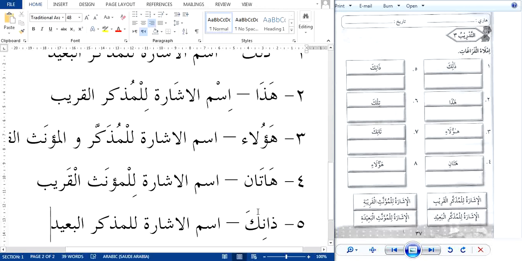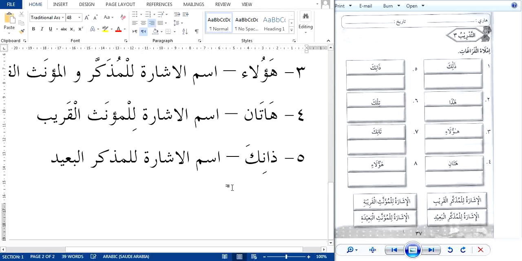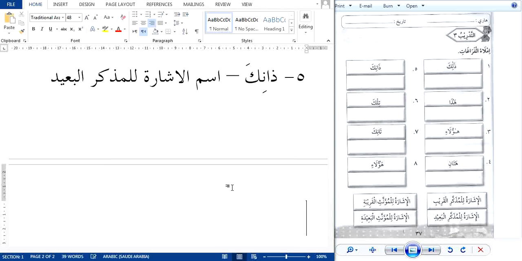But this one is used for two. Remember, هاتان and ذلك are used for two. هؤلاء is used for three and more.